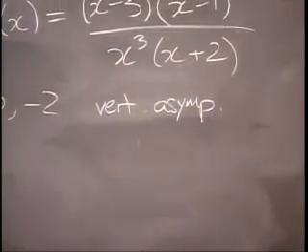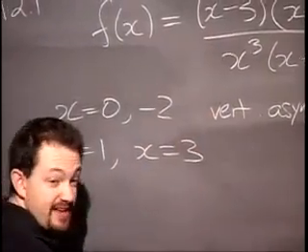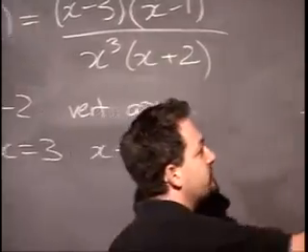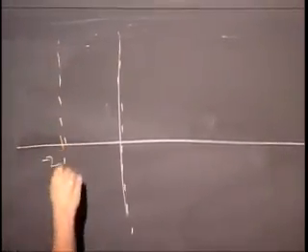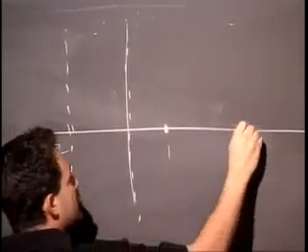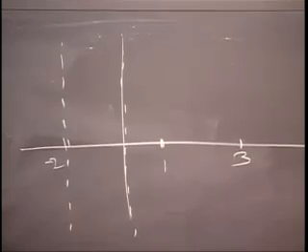On the other hand, x equals 1 and x equals 3, the top vanishes, so there you're going to get x-intercepts. And on the graph, let's mark in the vertical asymptotes here, and then 1 and 3, we've got 2 x-intercepts.